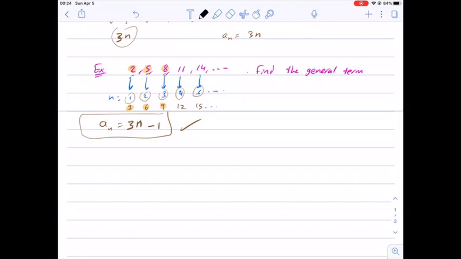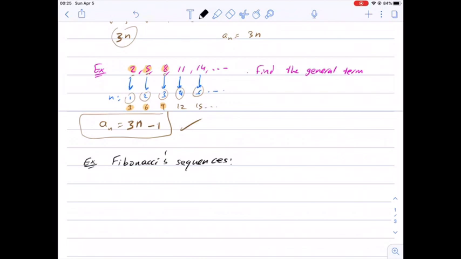Now let's continue here. There is a well-known sequence called the Fibonacci sequence, and this is a very important sequence. It has many applications in nature.